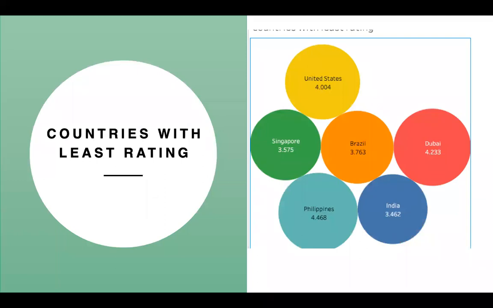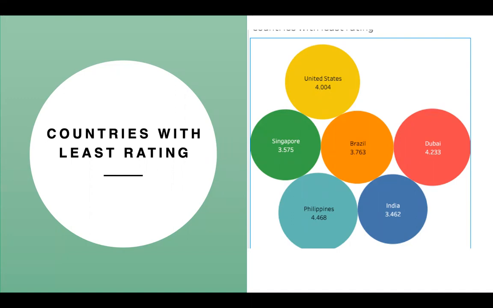Countries with the least rating. It shows the ratings of the countries in the Zomato services. United States 4.004, Singapore 3.575, Brazil 3.763, Dubai 4.233, India 3.462, and Philippines 4.468.